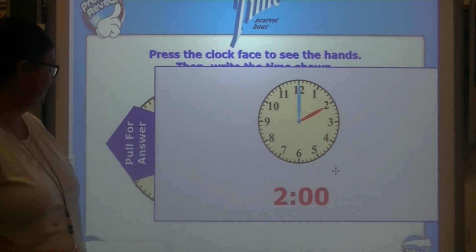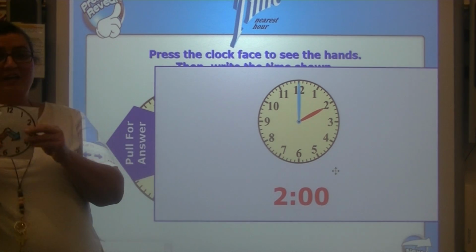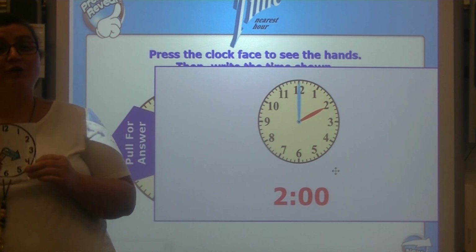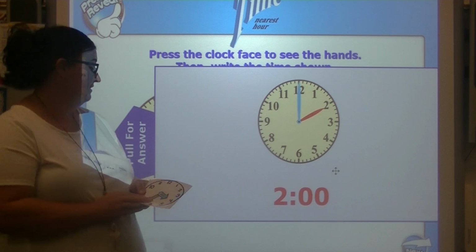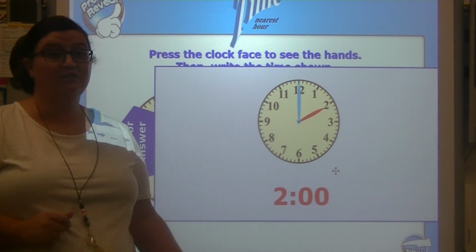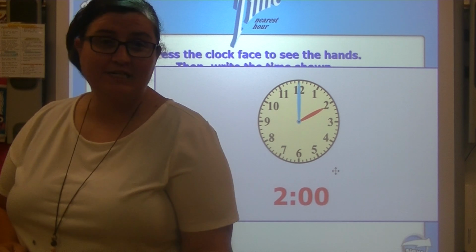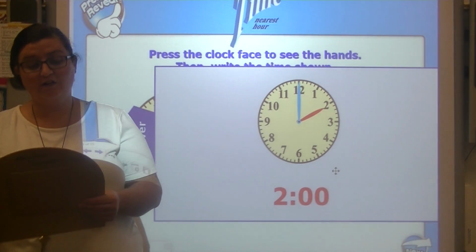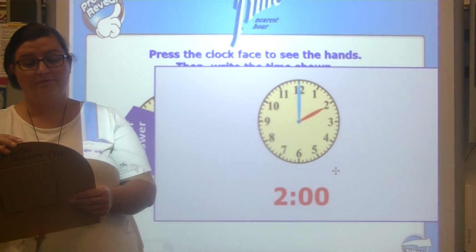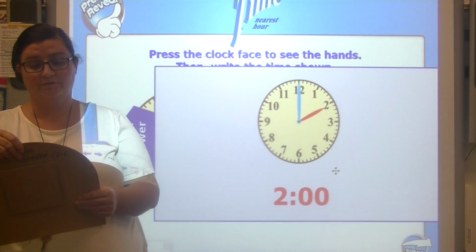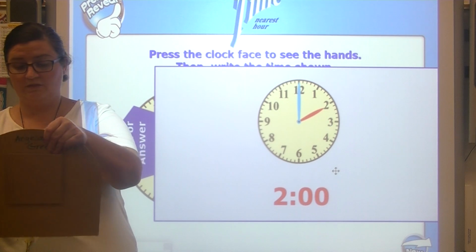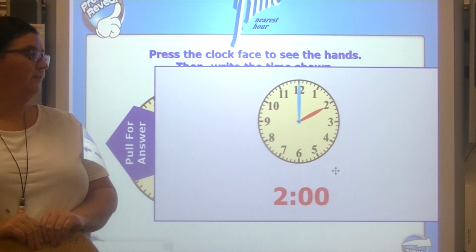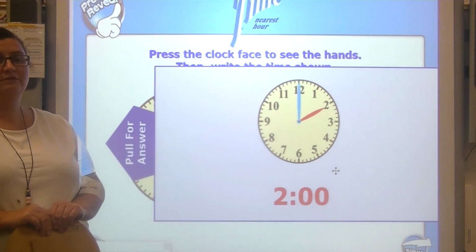All right, your turn to practice. Get your clock. I'm going to tell you a time. You're going to make it, and then I will show you the answer to check your work. All right, boys and girls, I want you to show 3 o'clock. School was over at 3 o'clock in the afternoon.